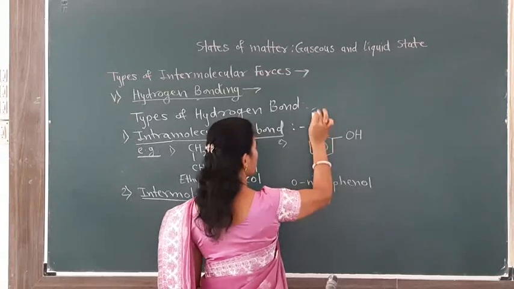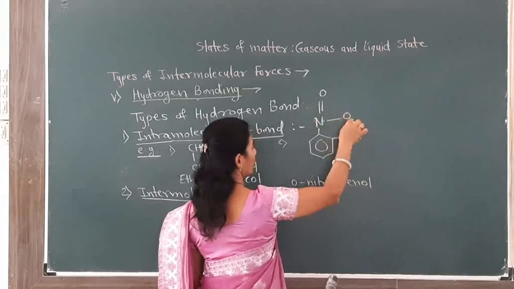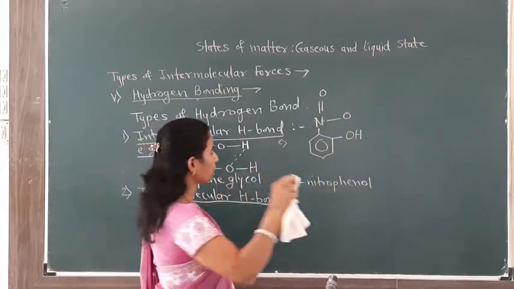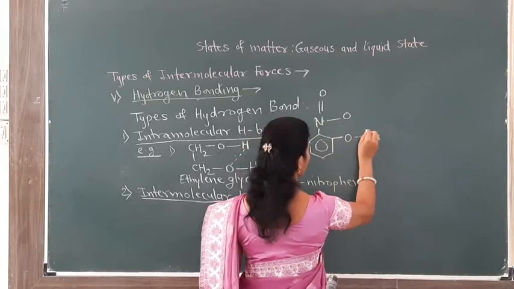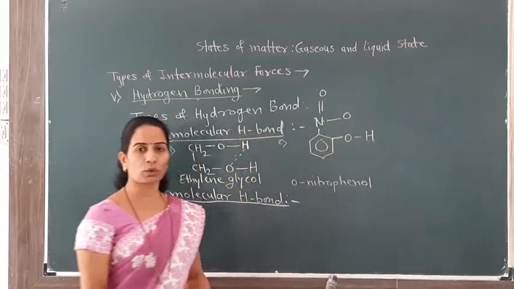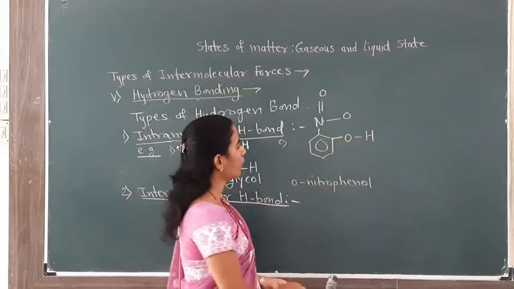Here, this nitro group is shown in this manner, NO2. Similarly, this OH group is shown in this manner. Now here what happens?